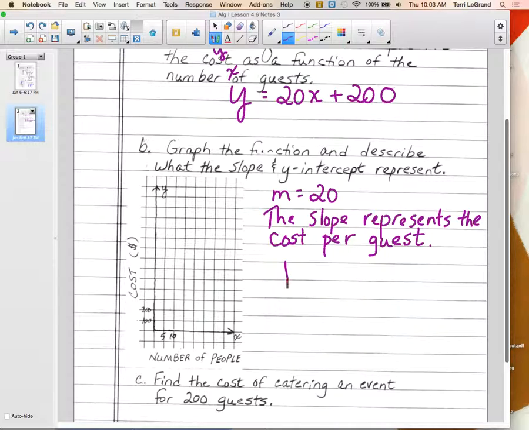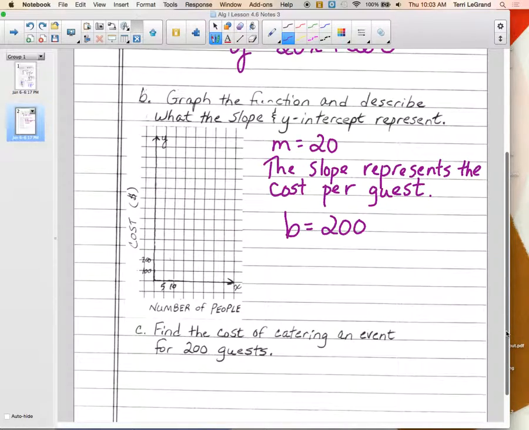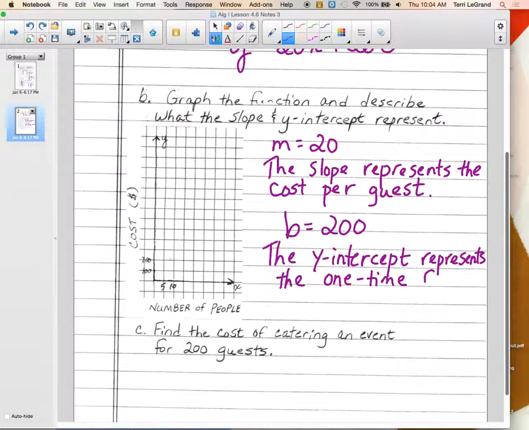Our b value is 200. And we said that's our y-intercept. So the y-intercept represents the one-time fee of $200.